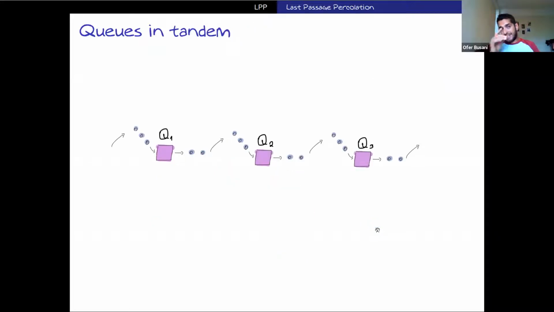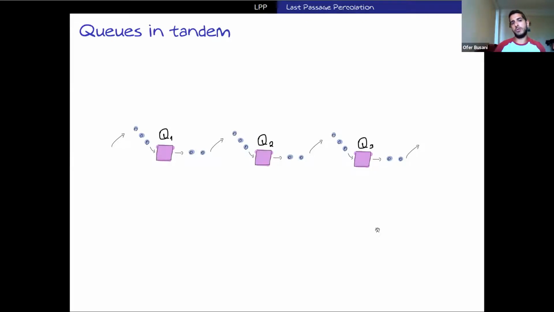Right, so lastly, what we need is queues in tandem. That's the last bit we need from queuing theory. You can take a few servers and just place them one after the other.